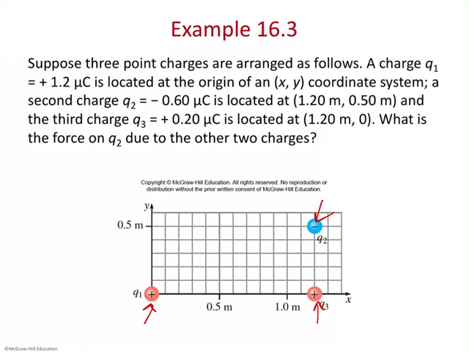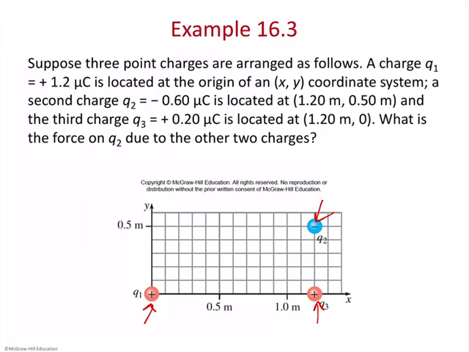Q2 is considered to be negative 0.6 microcoulombs, and it's 0.5 in the y direction and 1.2 meters in the x direction. And then Q3 is positive 0.2 microcoulombs. So it says, what's the force on charge 2 due to the other two charges?